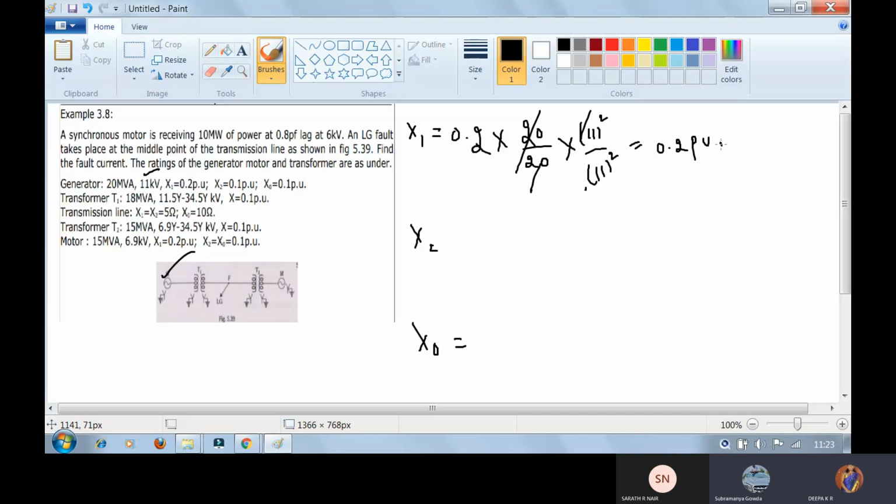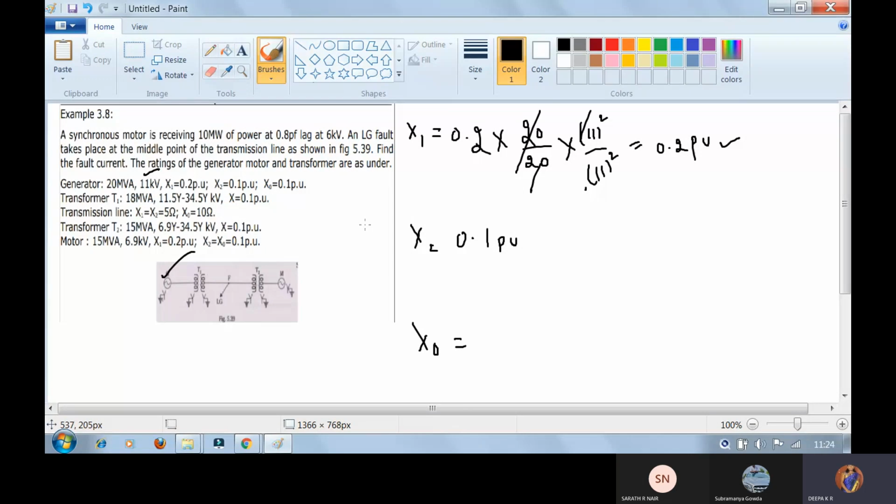Okay, first one done. Second case. Second one is how much X2 is? X2 is 0.1 and remaining will be the same. So 0.1 here and again old MVA, new kV, old kV, everything gets cancelled. You're going to get an answer of 0.1 per unit.